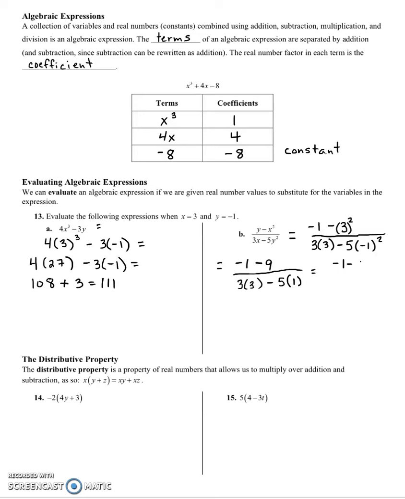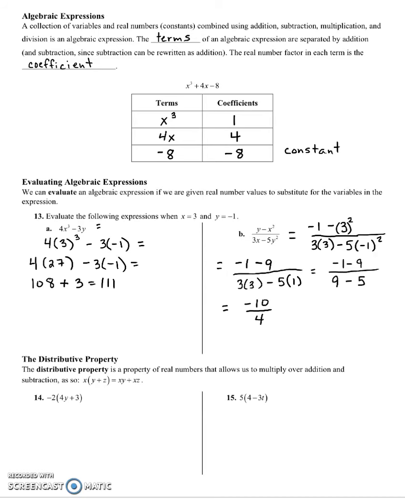Okay, now we can do the multiplications in the denominator. So I just rewrote the numerator. In the denominator, 3 times 3 is 9, and 5 times 1 is 5, so we have 9 minus 5, which gives us a negative 10 in the numerator, negative 1 minus 9, and 9 minus 5 in the denominator is 4.